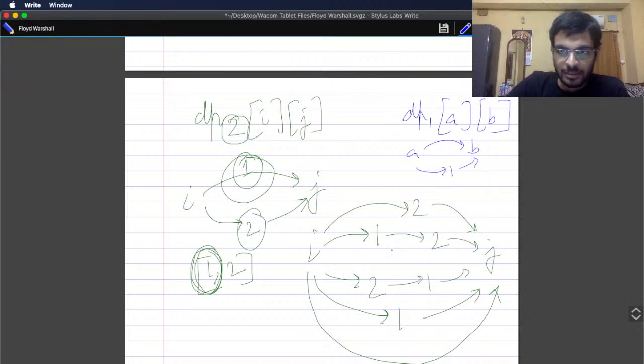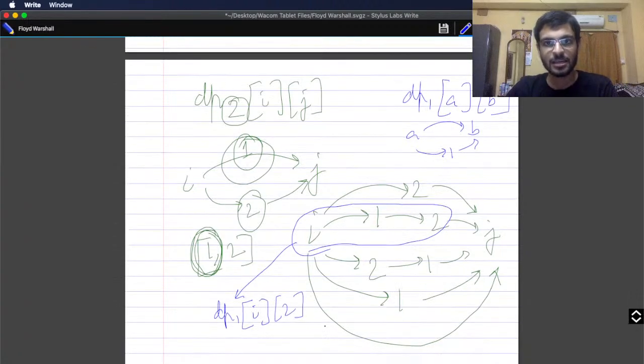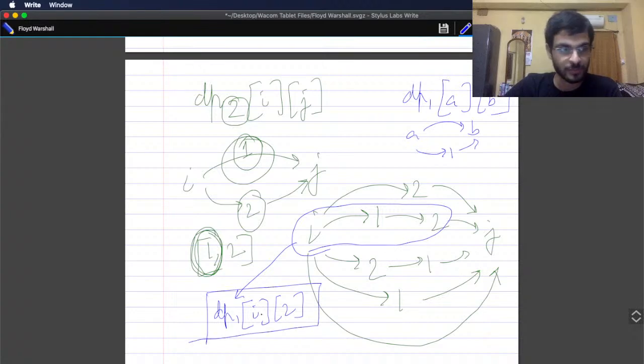Can we say that this was stored in my dp1 of i comma 2? Can I say that this is the shortest path using only the first vertex, the shortest path from i to 2? Can I say that this was stored in dp1 of i to 2?